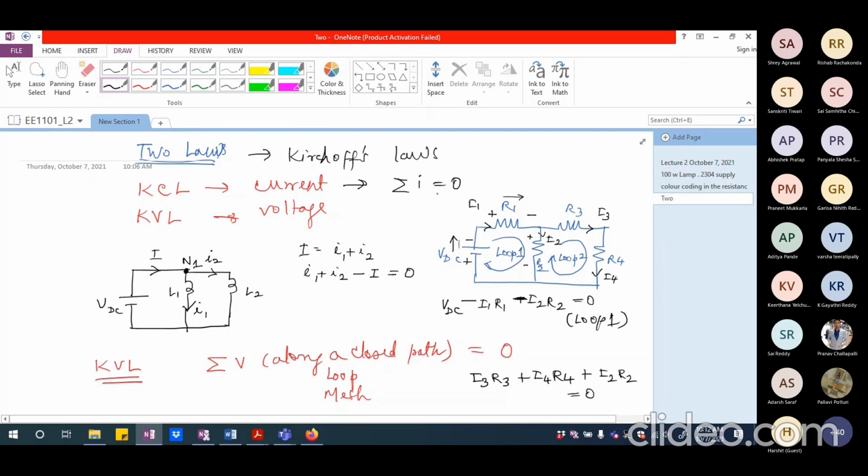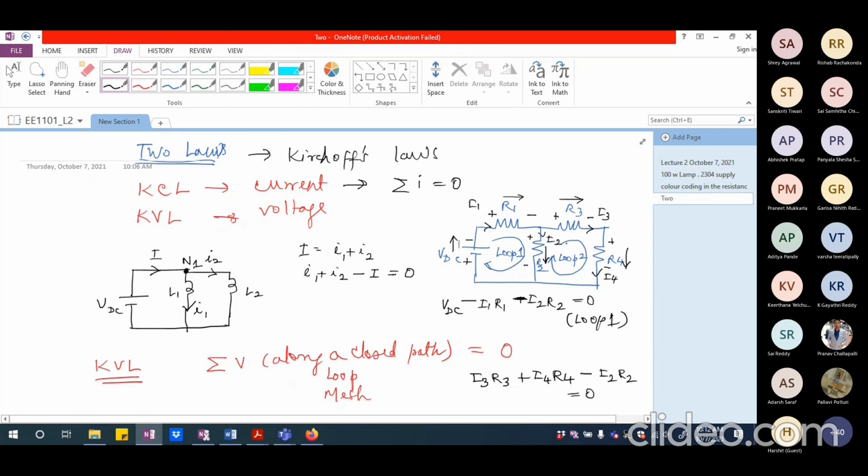But one thing you have to remember is, if I have taken the I2 direction in this way, then I have to be careful about the sign, because if I write it this way, here I'm having plus here and minus here, which means it is a voltage fall. Again, I'm having a plus here and minus here. This is a voltage fall.